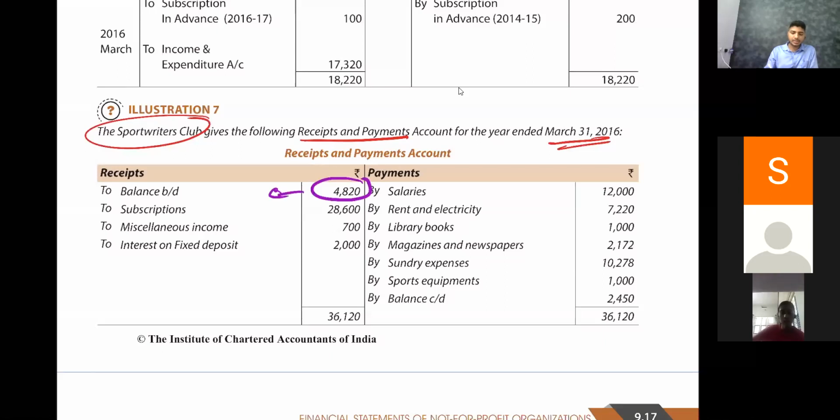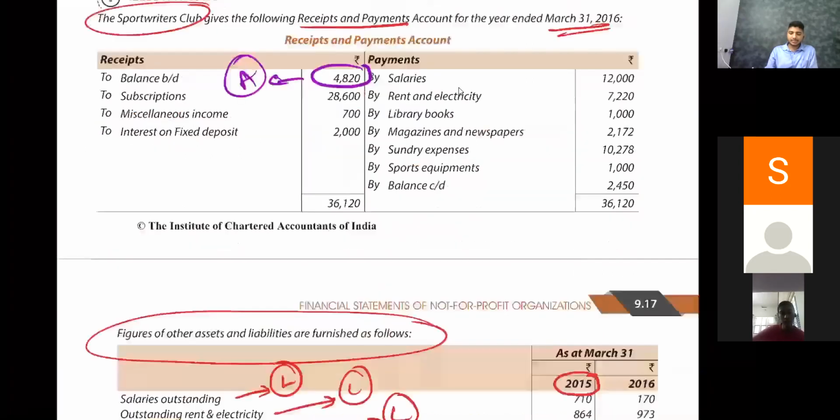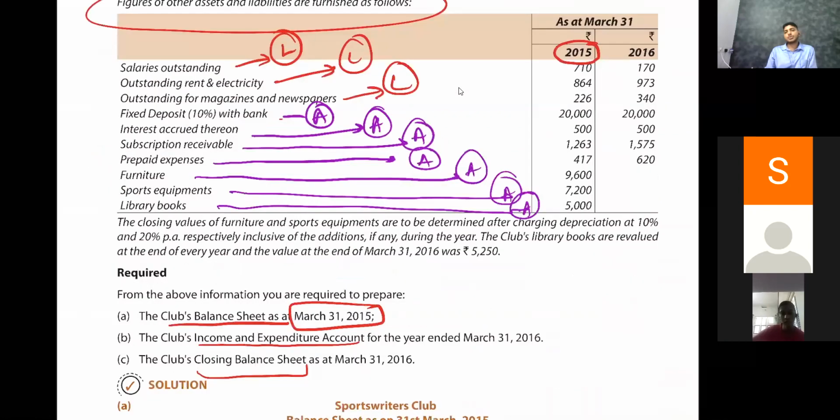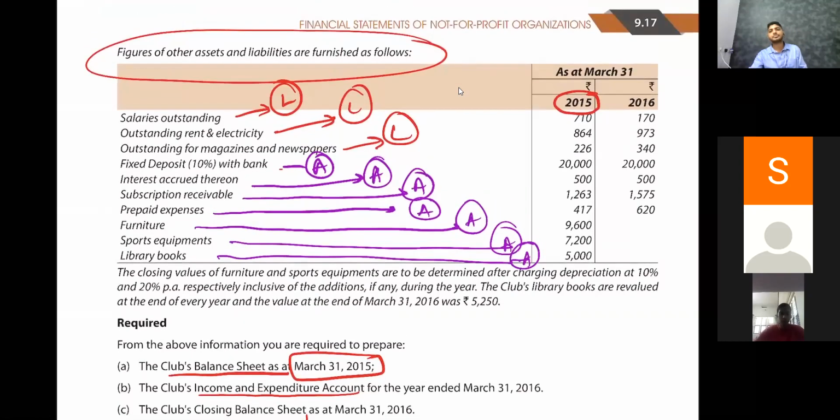This is also an asset. So there are details as to asset, liability, asset. So quickly prepare the opening balance sheet, everyone prepare it, and give me what is the amount of capital fund. Quickly.